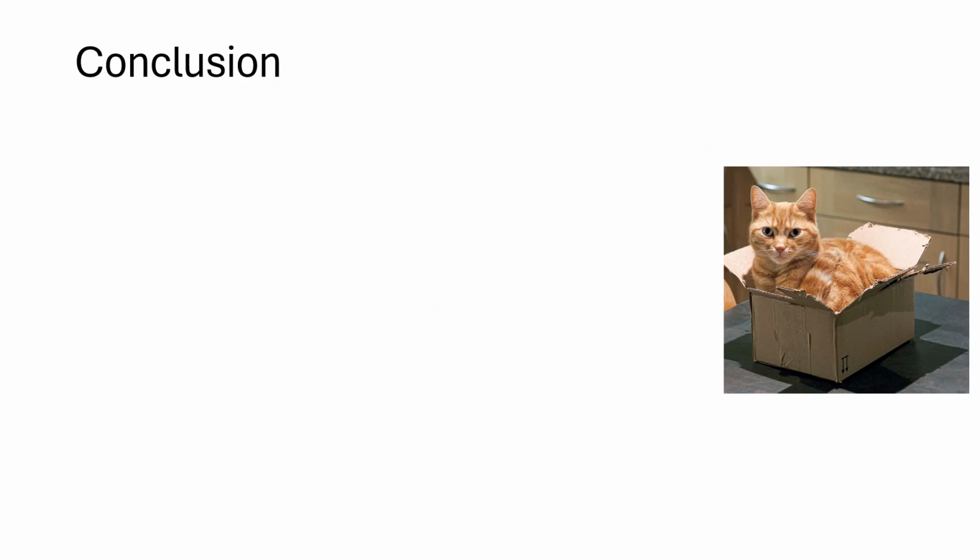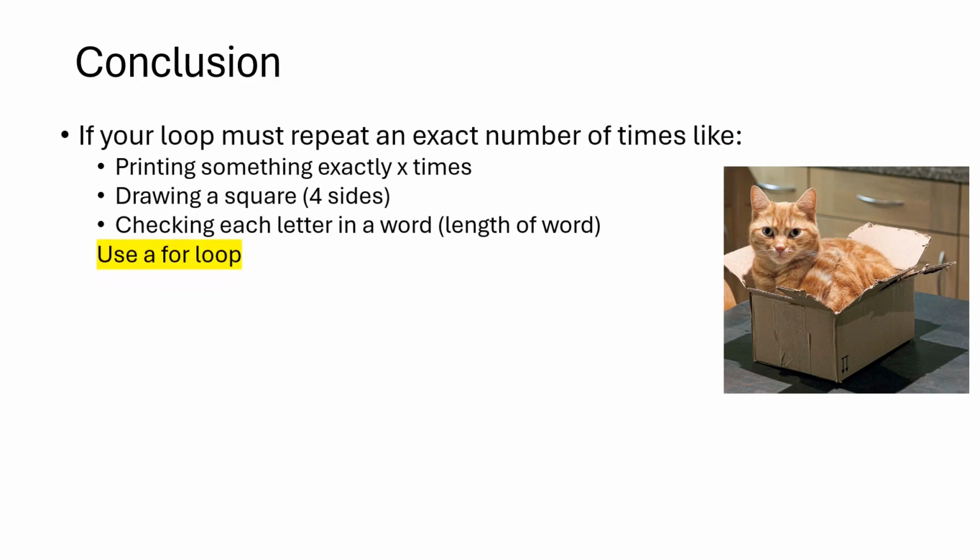So here's our conclusion. If your loop must repeat an exact number of times, like printing something exactly X times, or drawing a square with 4 sides, or checking each letter in a word, the length of the word will be a constant while you run the program, then use a for loop.